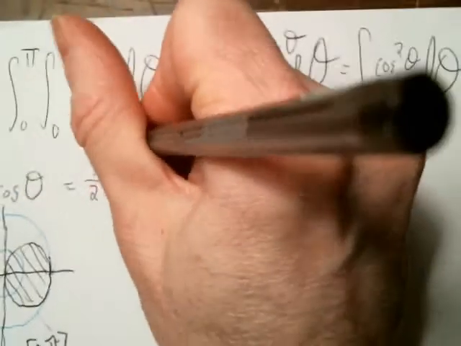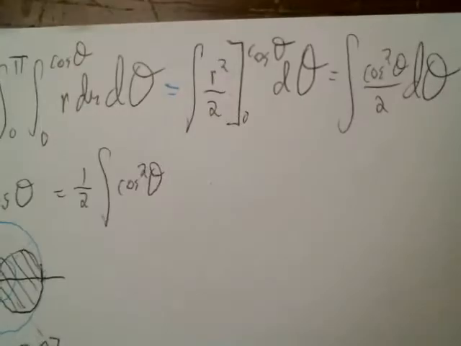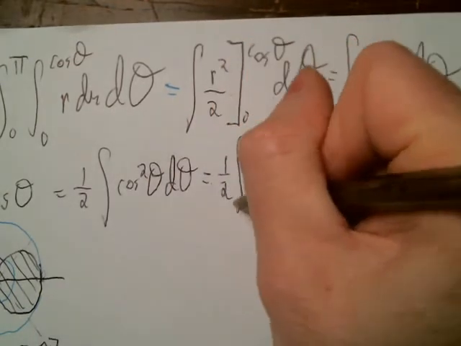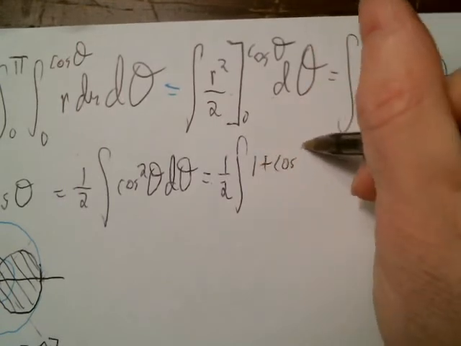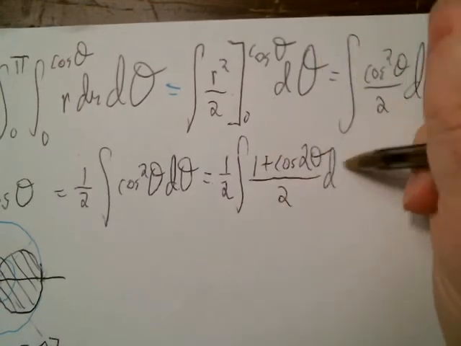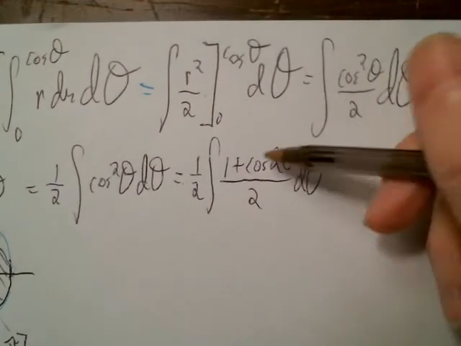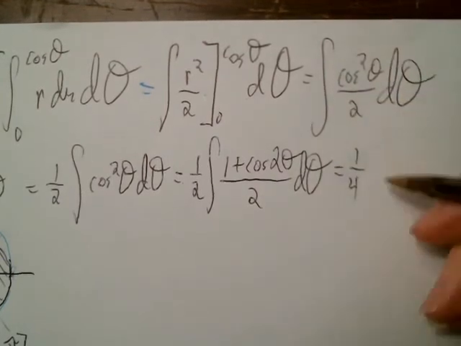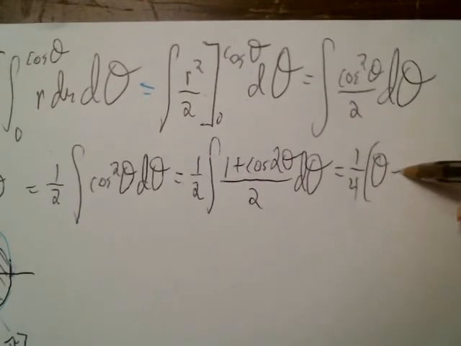So this will be 1/2 integral of cosine squared theta, d theta. Oh, I forgot to replace it with the identity. So now I'll replace it with the identity: 1 plus cosine 2 theta over 2 d theta. Okay. And then you can factor out another 1/2. You get 1/4 times the integral of 1 will be theta, and then the integral of cosine 2 theta is sine of 2 theta over 2.